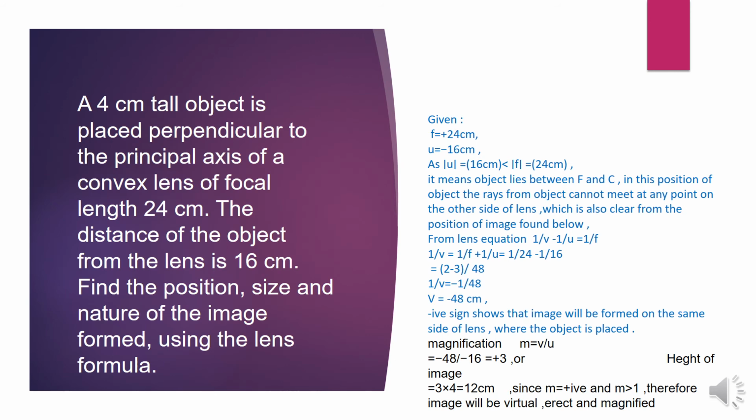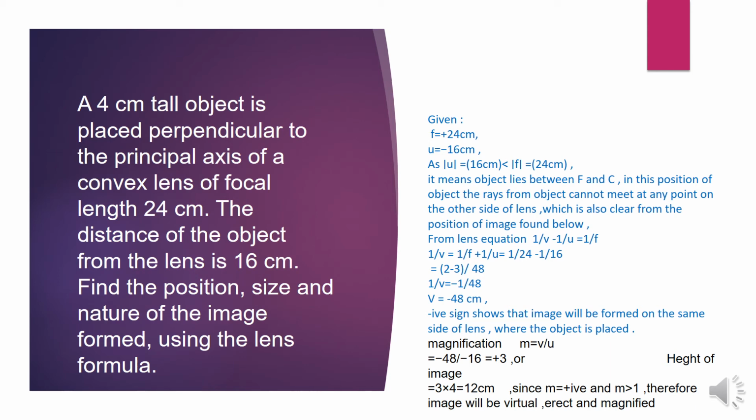Now we are coming to the common type of sums. A 4 centimeter tall object is placed perpendicular to the principal axis of a convex lens of focal length 24 centimeter. The distance of the object from the lens is 16 centimeter. Find the position, size and nature of the image formed using the lens formula. First, write down the given data.